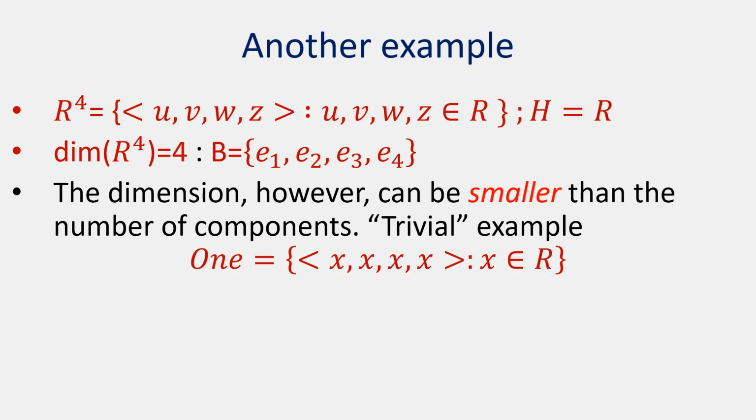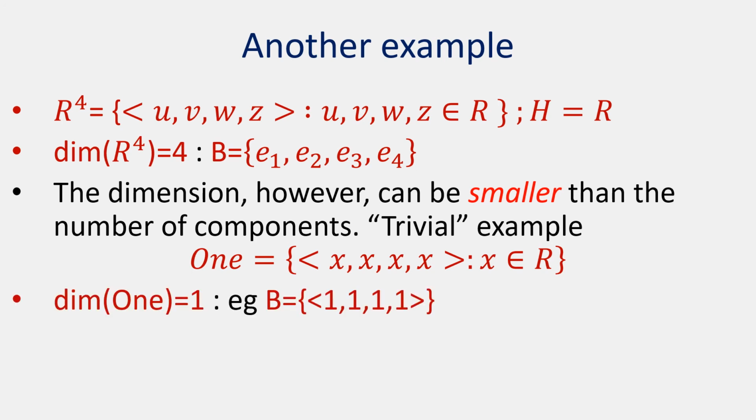Suppose we take the vector space from a subset of the collection of 4 vectors, and these are the vectors in which all of the components are equal or identical. Then this has dimension 1 because we can choose as a basis, for example, the vector all of whose components are just a constant real value 1.